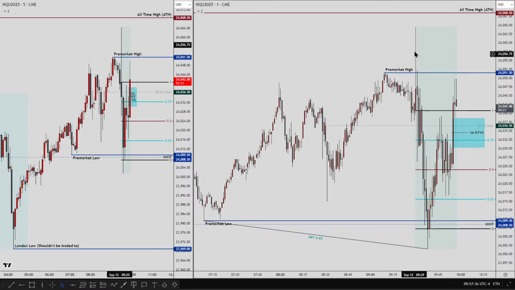We pretty much called this entire move right at the start of the stream, or at the start of the open.